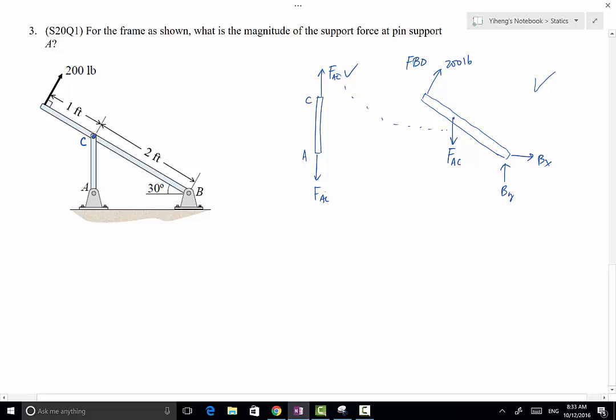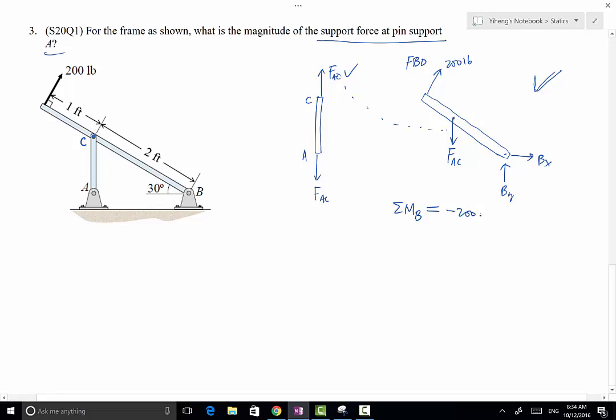So these three forces are of the same magnitude, same line of action. Therefore, from this free body diagram alone, we only need to set up one equation, which is resultant moment about point B. Because remember, we only need to solve for the support reaction at point A. Therefore, resultant moment about point B, BX and BY do not have moment about point B. We have negative 200 because the 200-pound force is creating clockwise rotation.